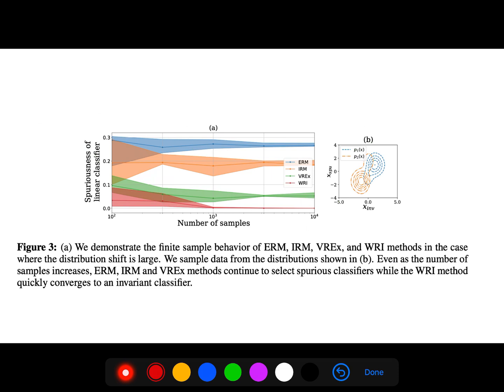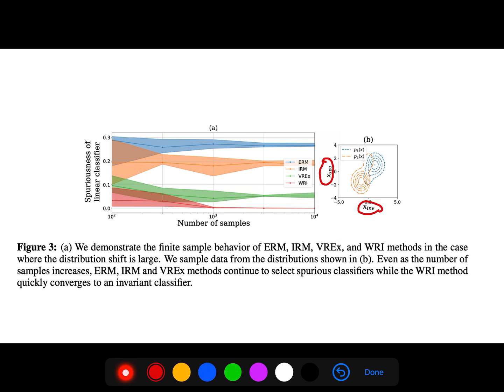So you can plot the graph between invariant features and the spurious ones. So you will see how they are related to each other. And even as the number of samples increases, these methods continue to select spurious classifiers, while the WRI method quickly converges to an invariant classifier.